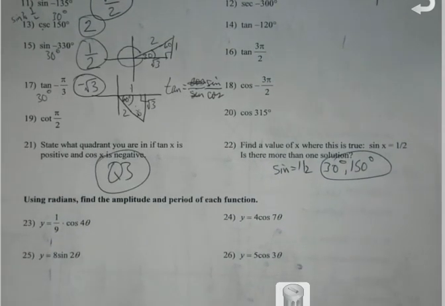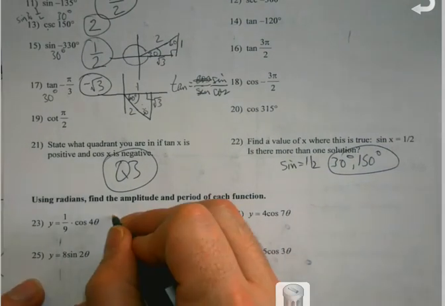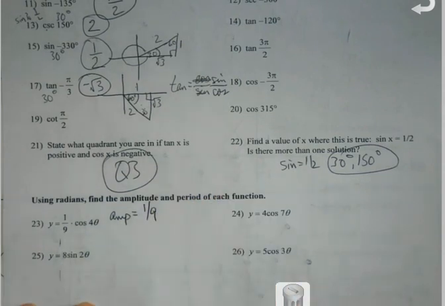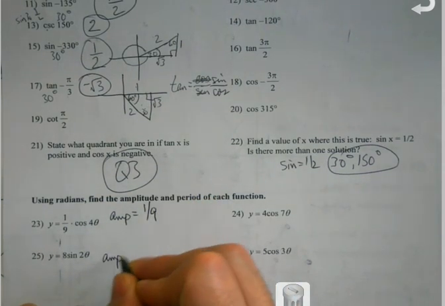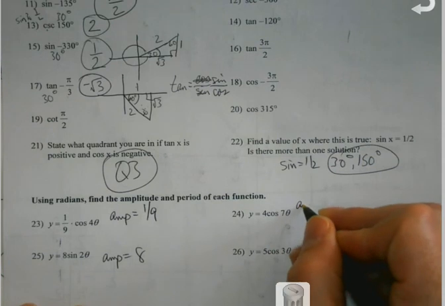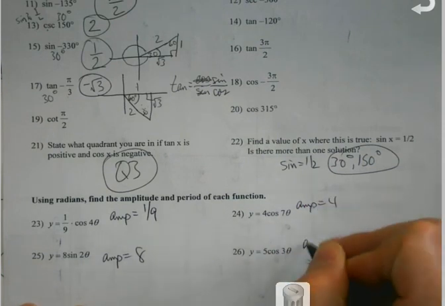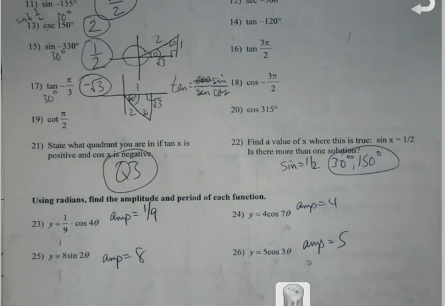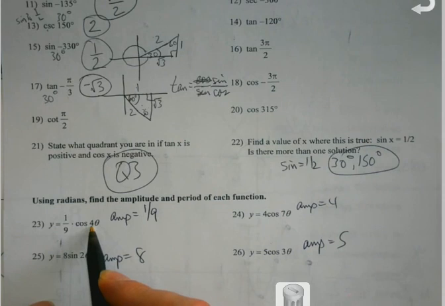And then finally, and this is just labeling, this is the simple stuff. Using radians, find the amplitude and period of each function. Okay, my amplitude is just the absolute value of my a value. So, I mean, that's not going to be bad on any of these. But the period, remember, always starts as 2 pi, and we're going to divide by whatever my b value is.